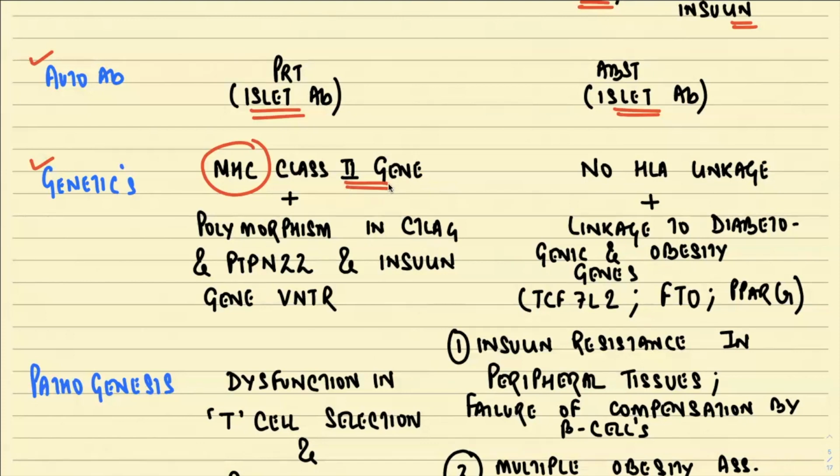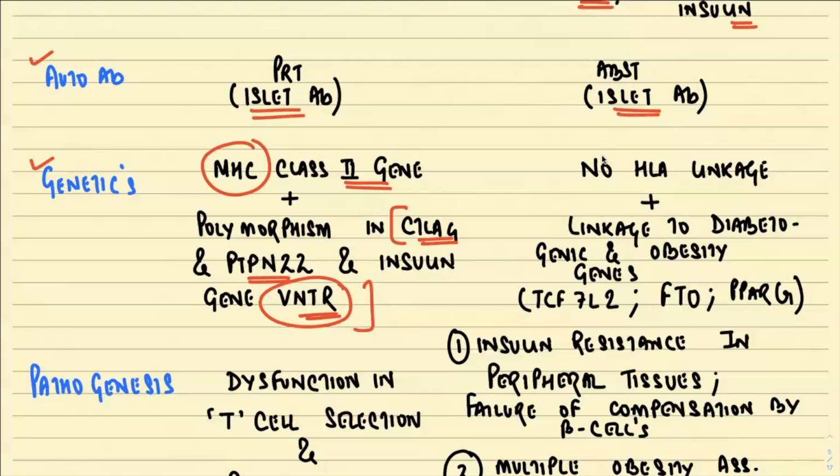Mutations in and around this genetic locus play a role in the development of diabetes mellitus type 1, including polymorphism in CTLA4 and PTPN22, as well as insulin gene variable number tandem repeats, VNTRs. Now, this has been simplified and condensed over here. I will discuss in detail what they are, so just have a little bit of patience.